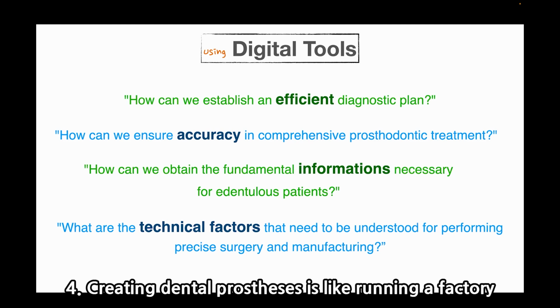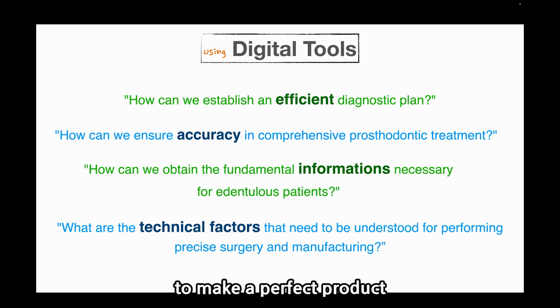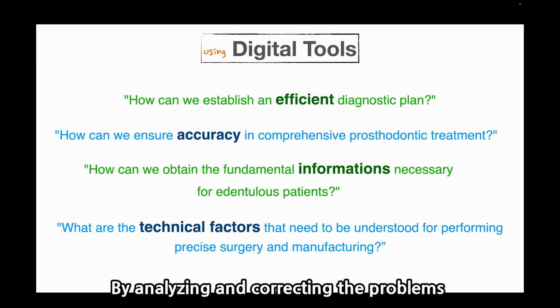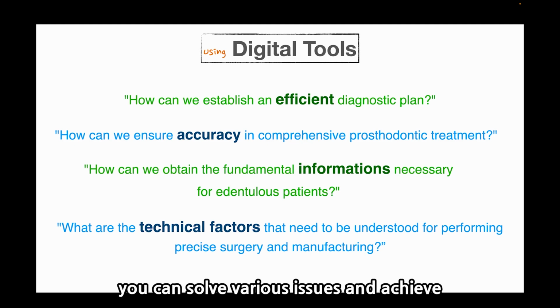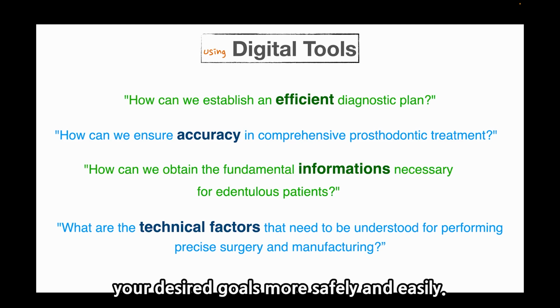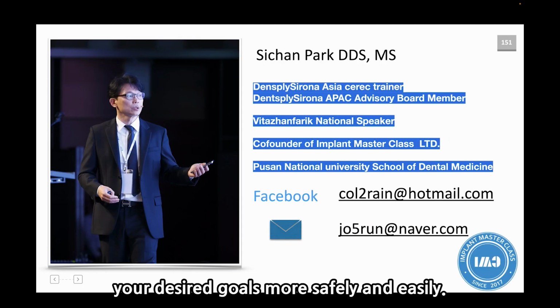For number 4, creating dental prosthetics is like running a factory to make a perfect product from design to the final product. By analyzing and correcting the problems that occur at each stage, you can solve various issues and achieve your desired goal more safely and easily.